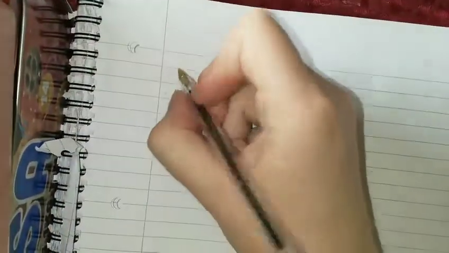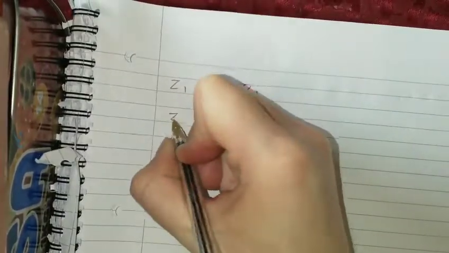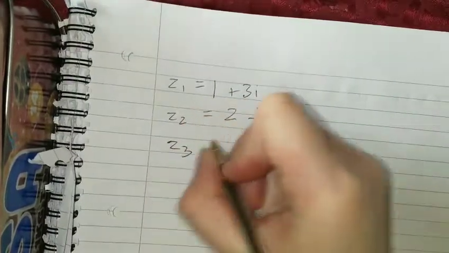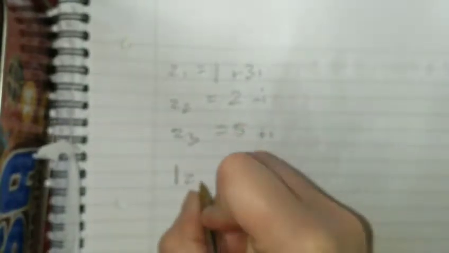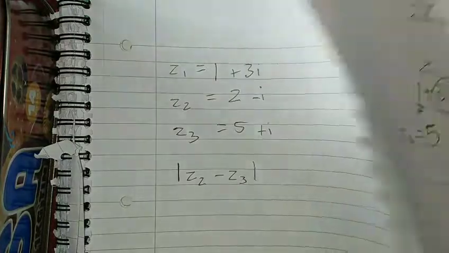And then for the next part of our question, we are asked to investigate a few things. So I'm just going to write our points at the top of the page because we're going to need to use them. So Z2 is 2 minus i and Z3 is 5 plus i. So we are asked to investigate if, so when we have two lines at either side of something, that means the modulus, and what the modulus literally means is the distance from the origin.